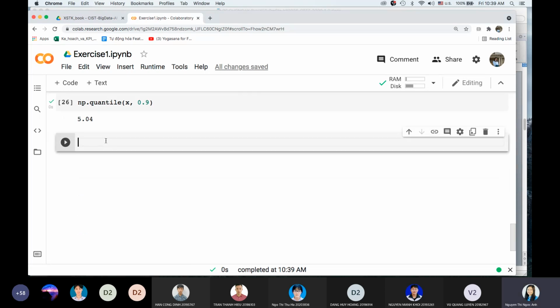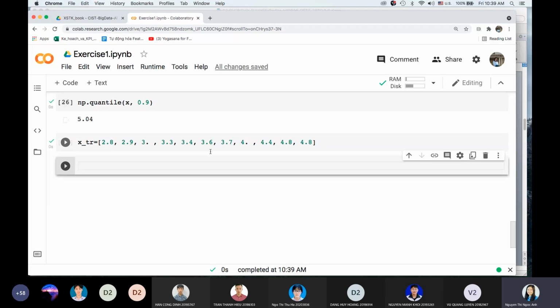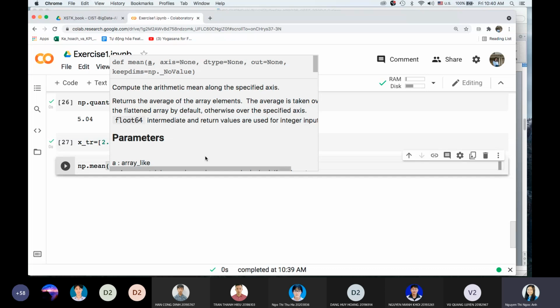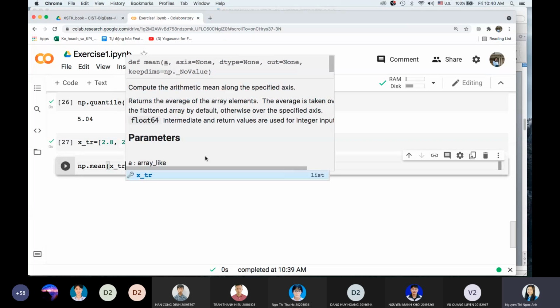We have the new trimmed data, eliminated here. And when we trim the data, we have np.mean of the trimmed x.